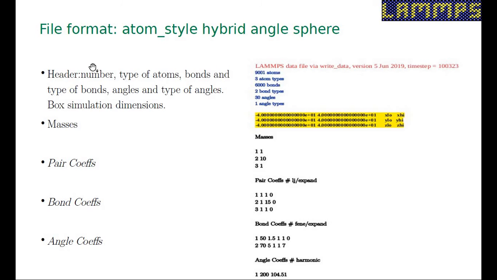Right, so the file format Atomistic Hybrid angle sphere has a similar structure to the previous scripts we have presented. So we have a header with the number and type of atoms, bonds and the type of bonds, the angles and the type of angles.